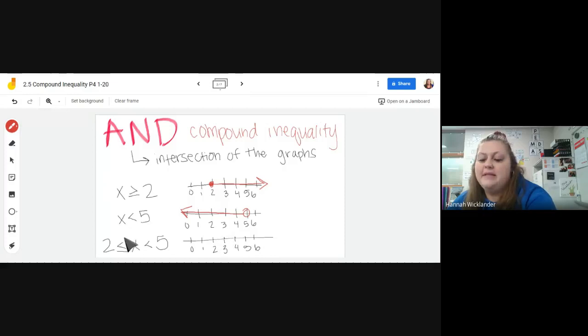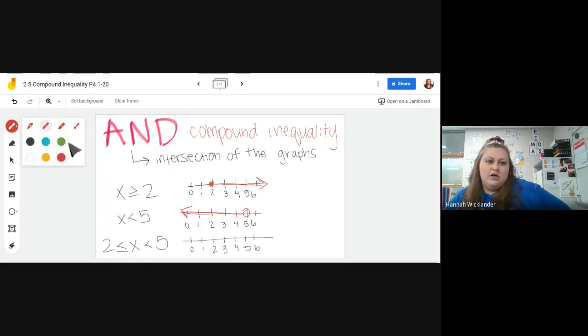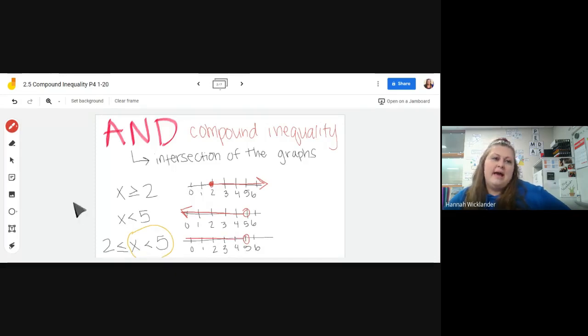Now, when I graph them together, I always like to start with the part where the letter is on the left side, because remember when we graph inequalities, the letter needs to be on the left side so that it reads correctly. So x is less than 5. I already did it up here, but if you hadn't done it separately, I like to start with the one on the left and graph it, and then do my other half of the inequality, but write it so that the letter is on the left-hand side.